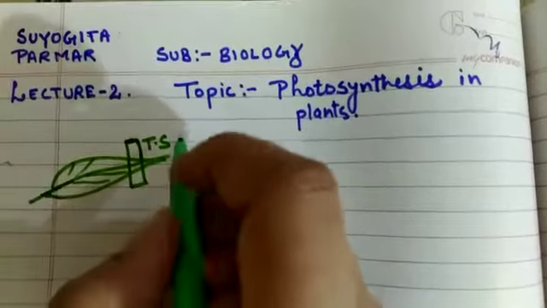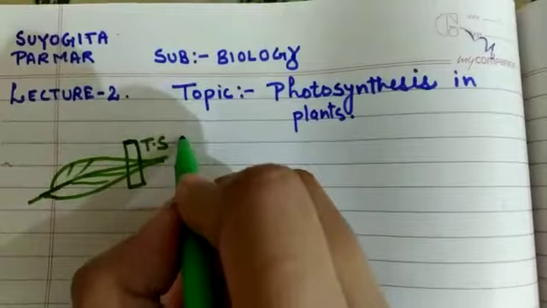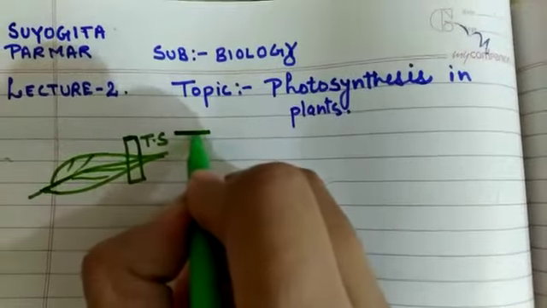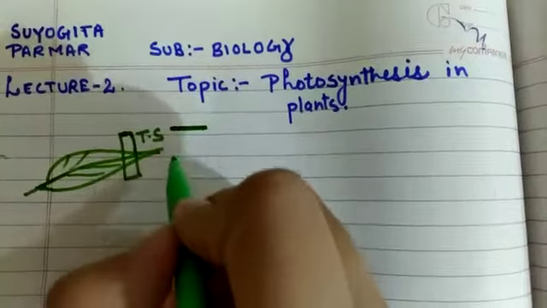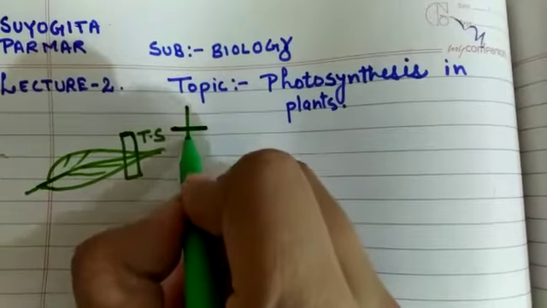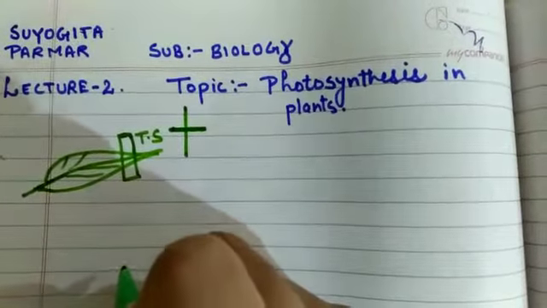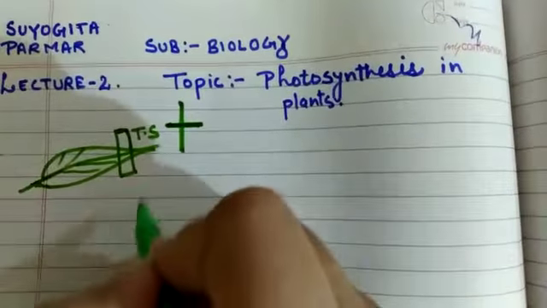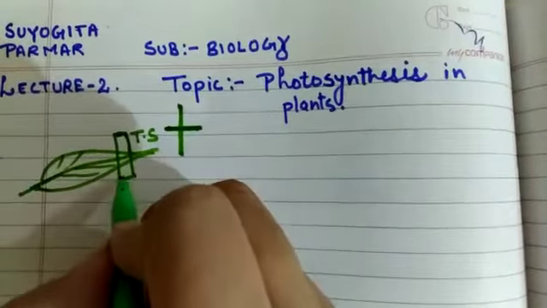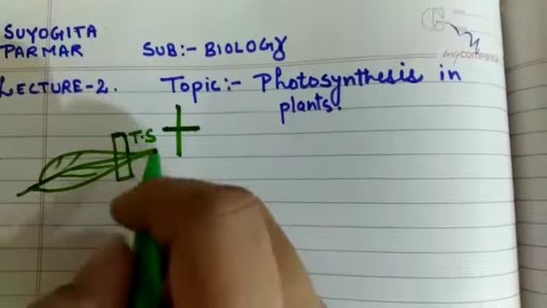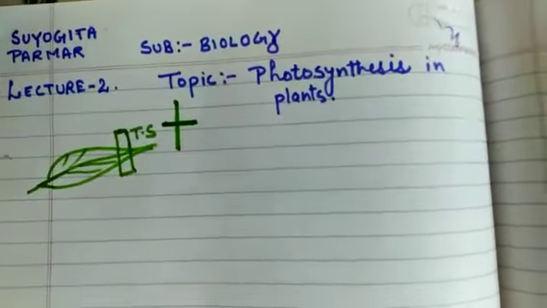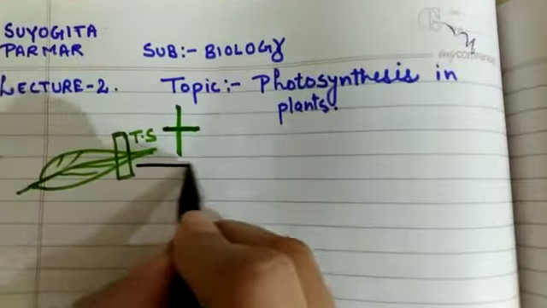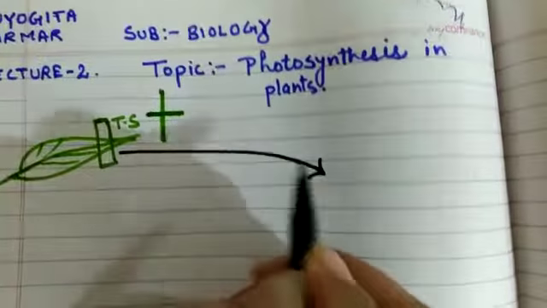Transverse section means if we cut something like this, it is known as TS, and if we cut something like this, it is the longitudinal section or LS. LS section is this and TS section is this.